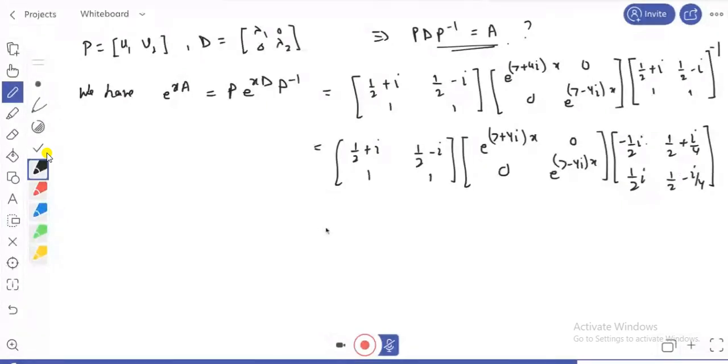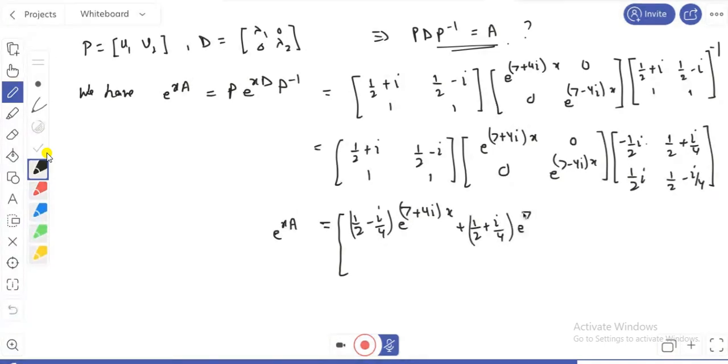Okay, and if we multiply all three matrices, you get the solution that is equal to the exponential matrix of A. That is half minus i by 4 e to the power 7 plus 4i x plus half plus i by 4 e to the power 7 minus 4i x.